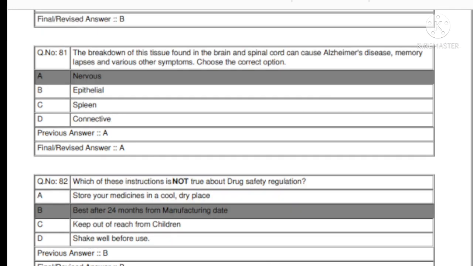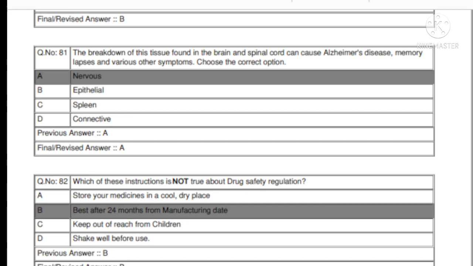Question number 81. The breakdown of this tissue found in the brain and spinal cord can cause Alzheimer's disease, memory lapses, and various other symptoms. Choose the correct option. A. Nervous, epithelial, spleen, connective.